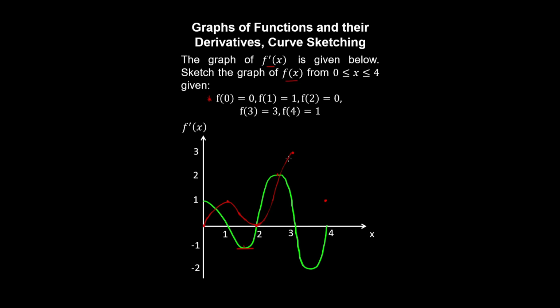And at x equals 3 we have a critical point, so we have a change in direction. And at this value of x, which is around 3.5, we have an inflection point, so a change in curvature. And this is our rough sketch of the graph of f of x.